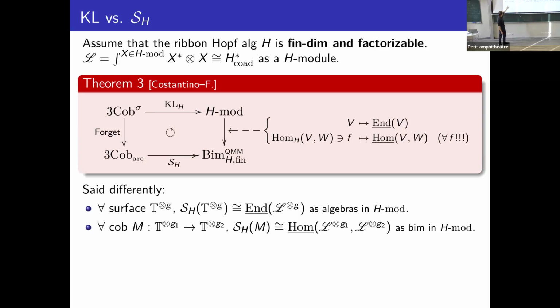And for bimodules, it means that for any cobordism between two surfaces, the stated skein space of the cobordism as a bimodule is actually just an internal Hom. So when H is factorizable, which is this non-degeneracy condition, and finite dimensional also, actually you see the stated skein bimodule does not see the topology of the cobordism. Whatever cobordism you take, you get at the end the same bimodule.